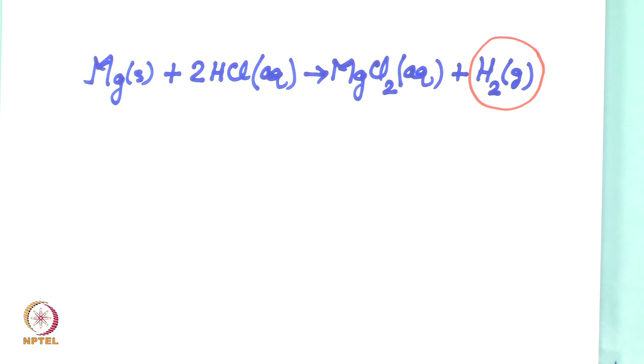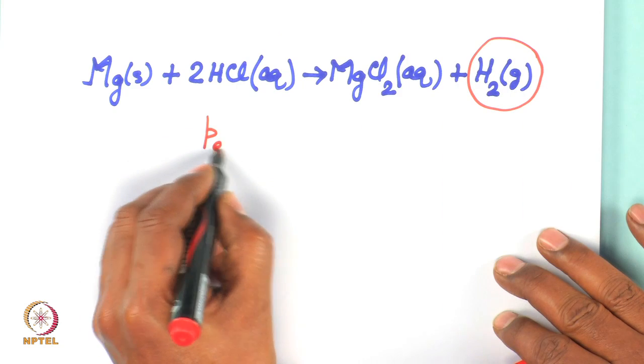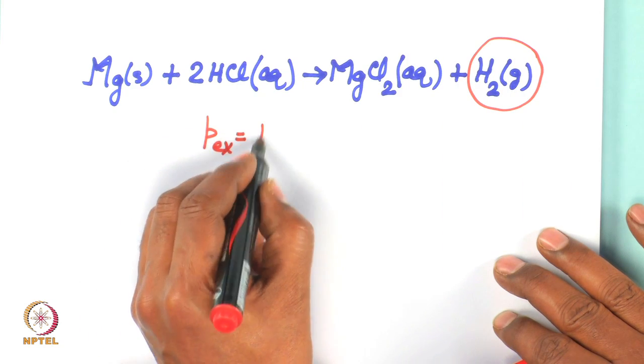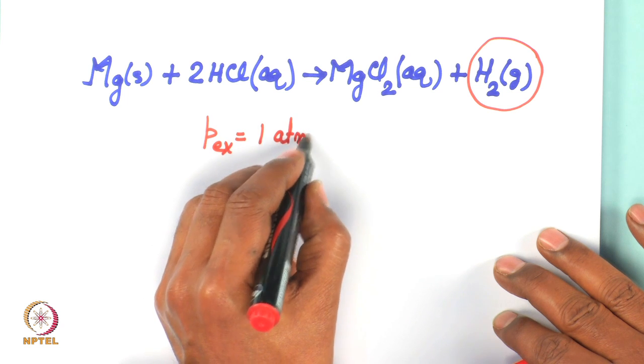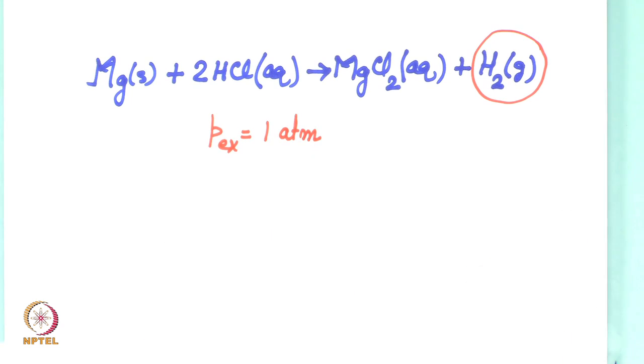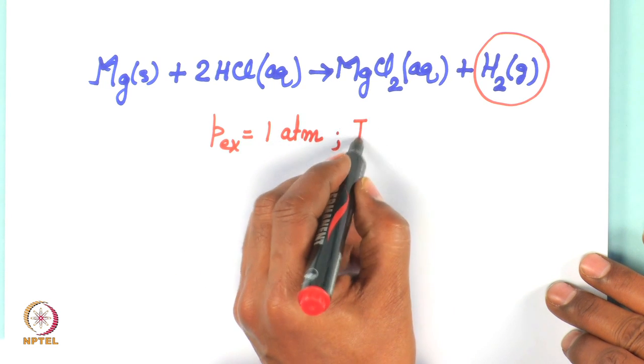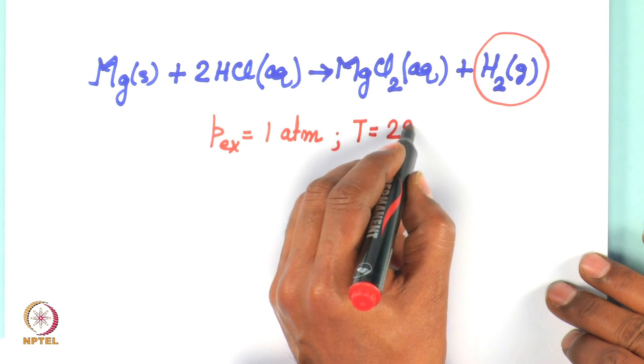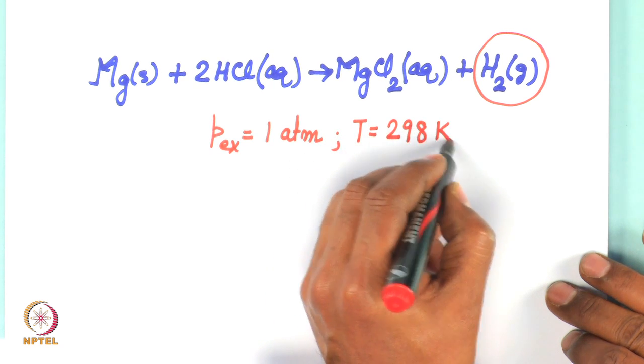Now, here again the another point to note is that the atmospheric pressure is 1 atmosphere. That means the P external here is equal to 1 atmosphere, that is fixed. Therefore, the process is going to be irreversible, and the other information given to you is T is equal to 298 Kelvin, 25 degrees centigrade.